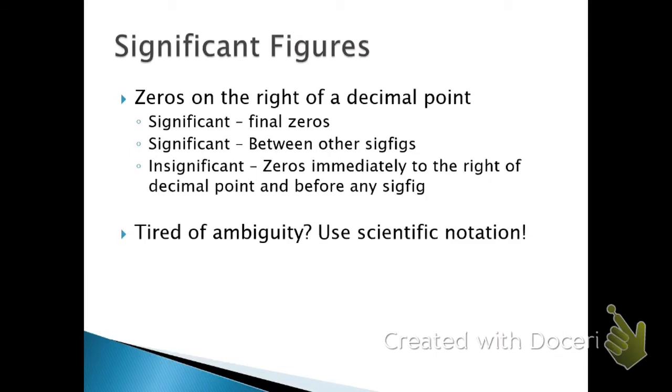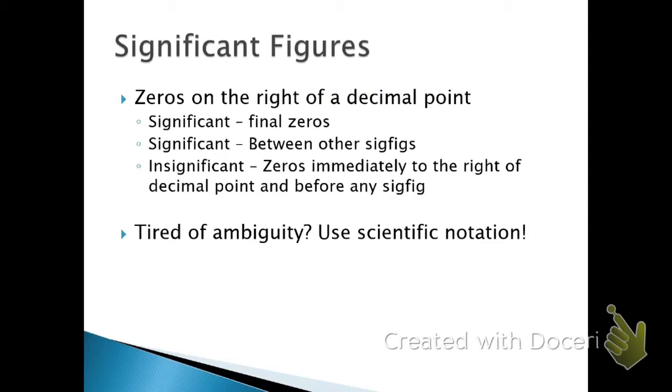So if it is final zeros, for example, 1.0200, the very final zero to the right of a decimal point, boom, automatically significant. The 1 and the 2, automatically significant. The 0 between the 1 and the 2 is significant, and check it out, the 0 between the 2 and the final 0 is also significant.